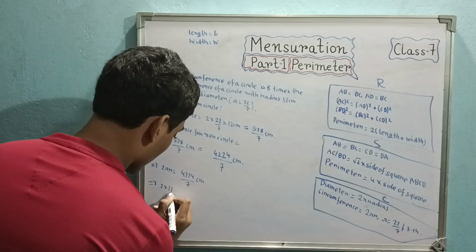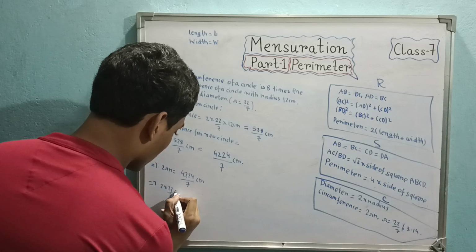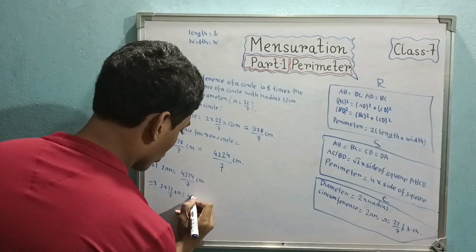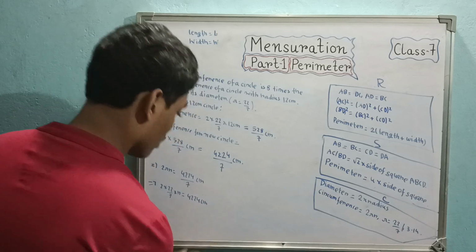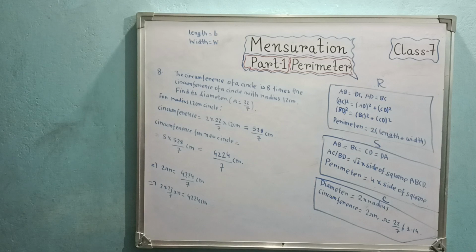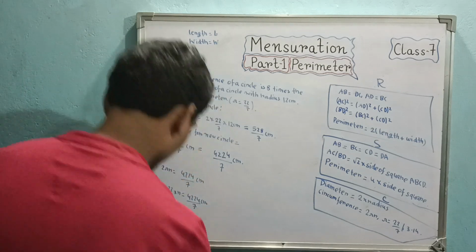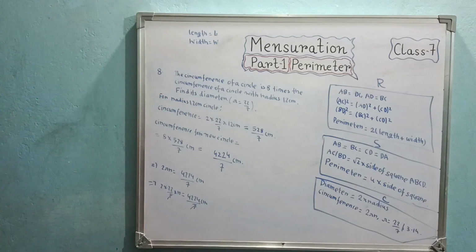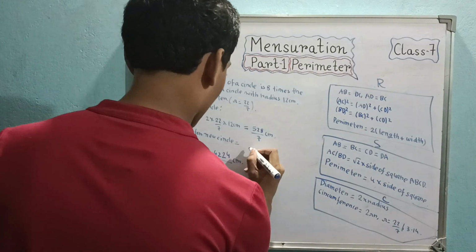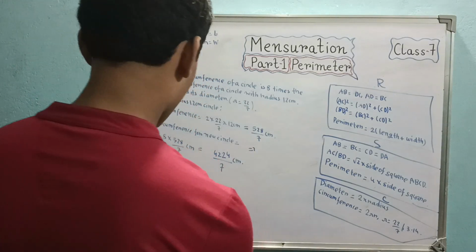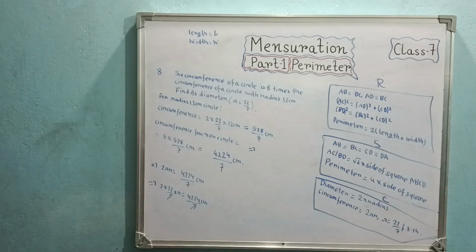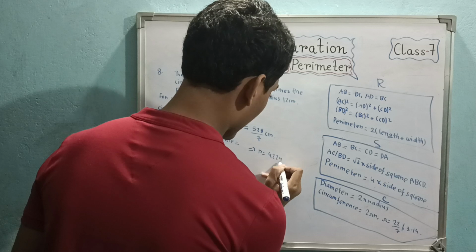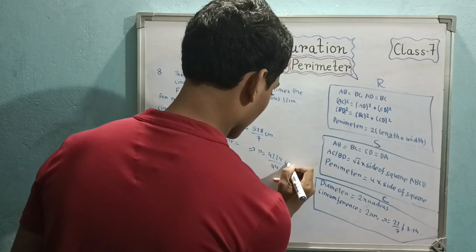So 2 into 22 by 7 into r equal to 4224 by 7 centimeter. Cancel out these 7s, get rid of this fraction, or now see 44 r is 4224 centimeter. So r will be equal to 4224 by 44 centimeter.